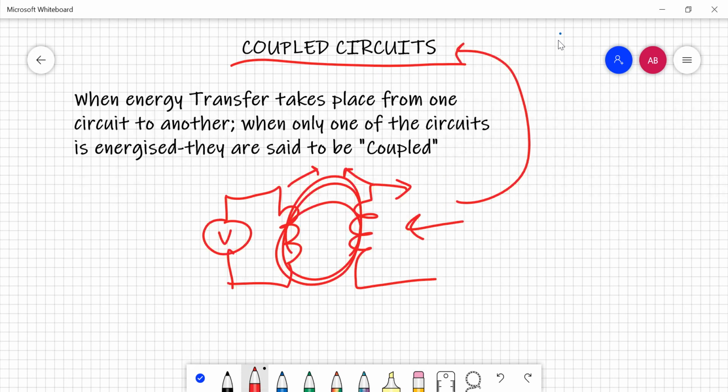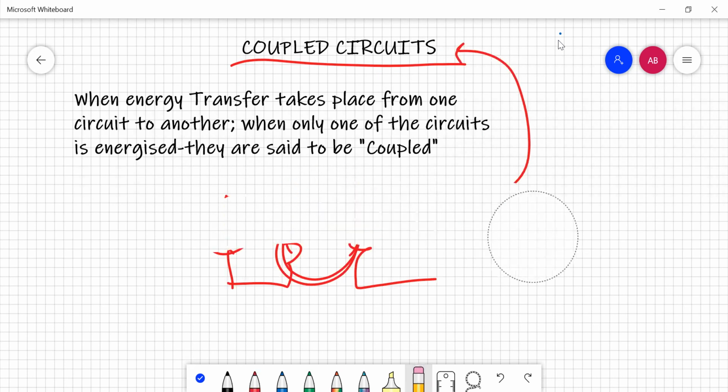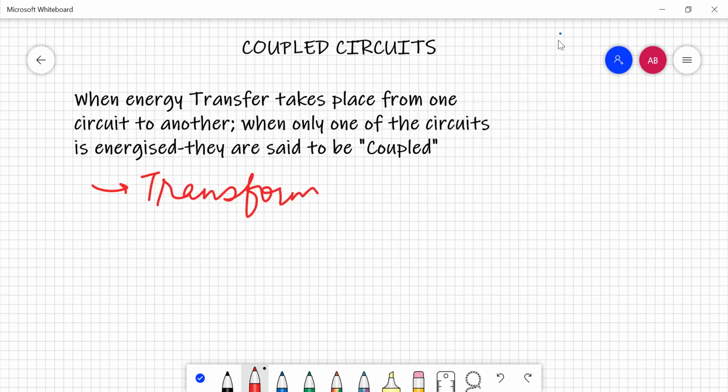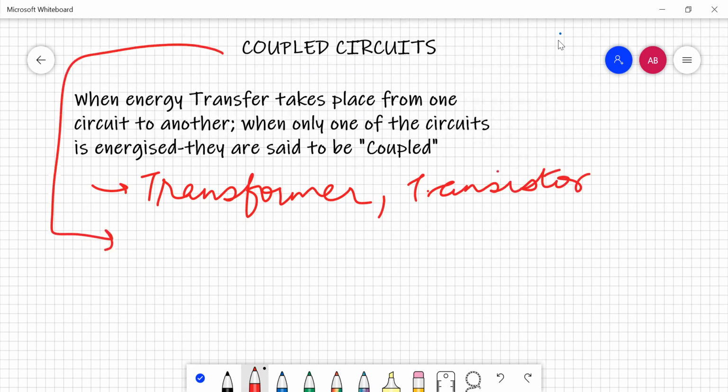You can very well learn from this given circuit that I just drew that such a type of circuit you already have studied, and that is your transformer. So even if we call for your transformer, it also comes in this category, but then we call for another type of category of coupled circuits, that is your conductively coupled circuits.